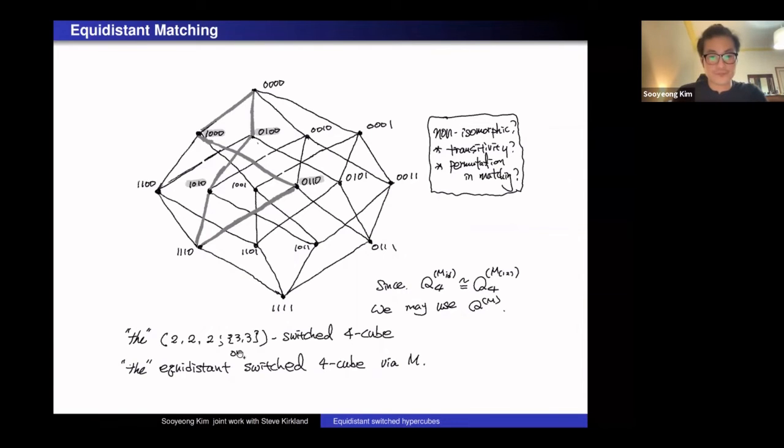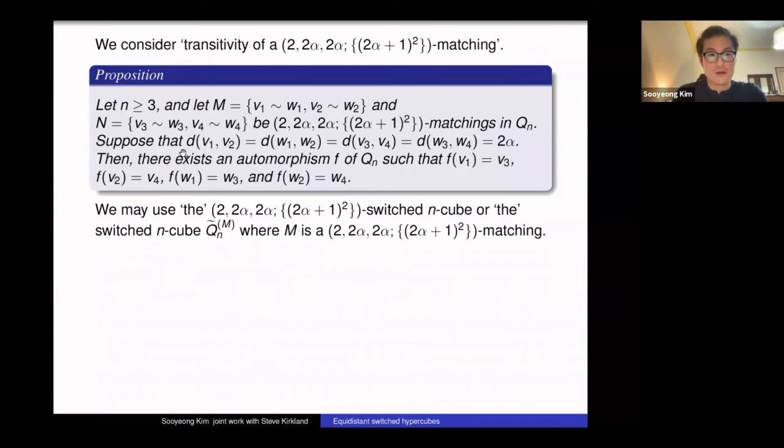So here, this proposition is about the transitivity of equidistant matching, especially with these parameters. And about the other parameters, yes, some counterexamples can be found. So here, let me state this proposition.